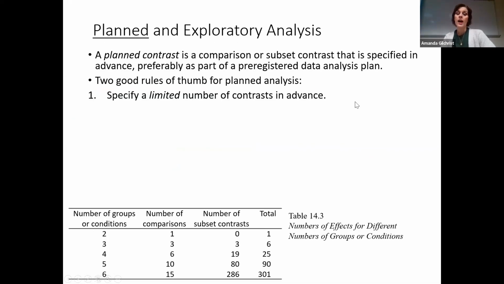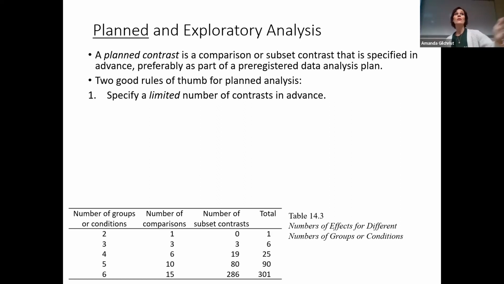So, none of what I have done today would be considered a planned contrast. I mostly just wanted to play around with the data. So a planned contrast is going to be a comparison or a subset contrast that we have specified in advance.